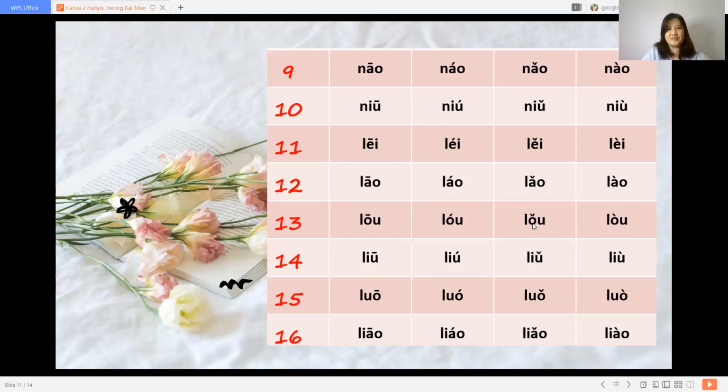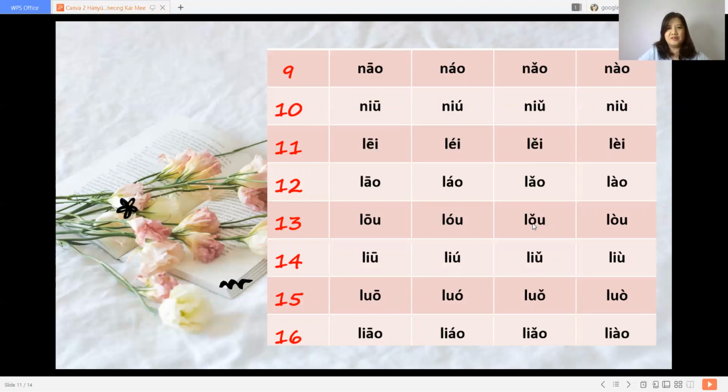Line number 13, lâu, lẩu. Line number 14, liêu, liễu.